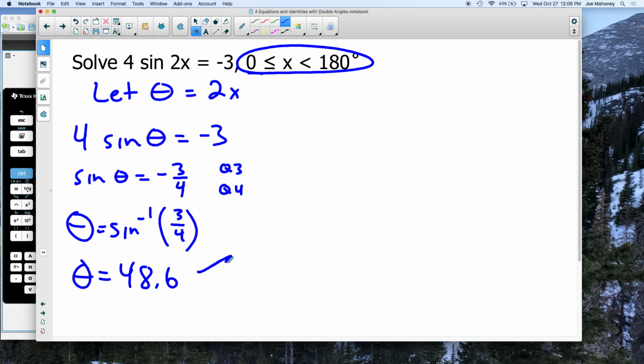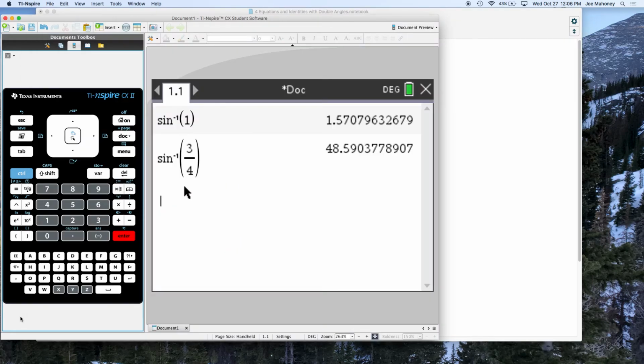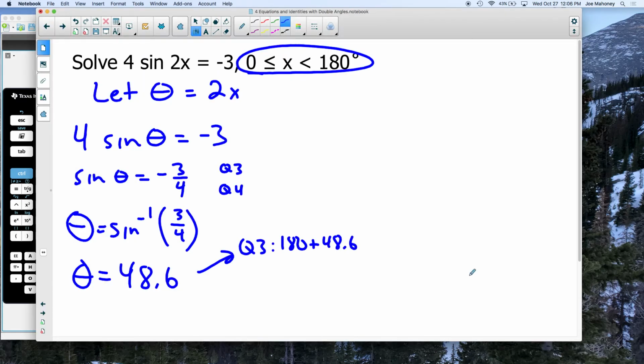Remember though, if I'm going to move it to quadrant 3, I've got to do 180 plus that angle. So let's go to quadrant 3 and let's add 180 to that number. And I get 228.5 or 229. So if I go 3 significant figures, I get 229.